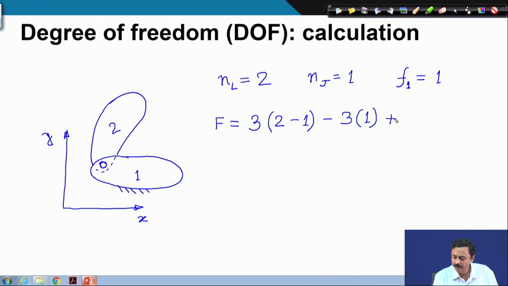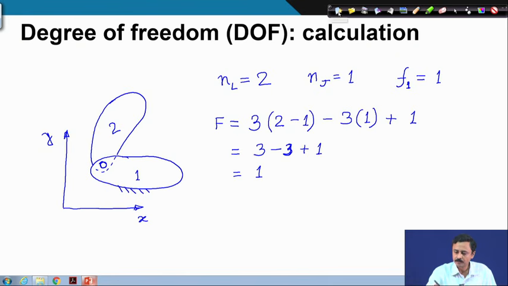It actually has 1 degree of freedom. So, we add it back into this calculation. Therefore, the degree of freedom calculation becomes 3 minus 3 plus 1, which is 1. So, this chain, as I have shown you, has 1 degree of freedom.